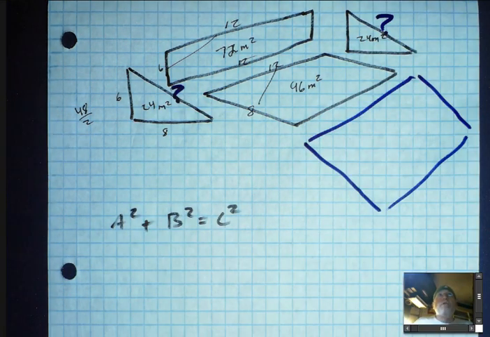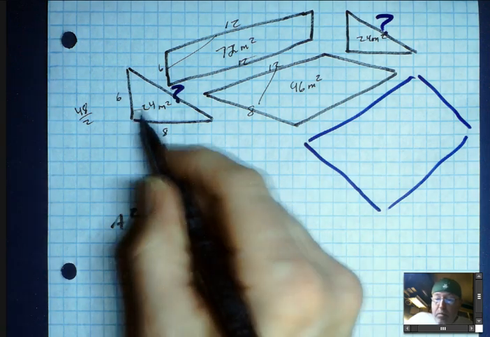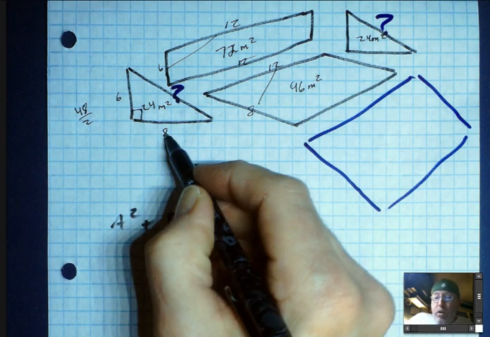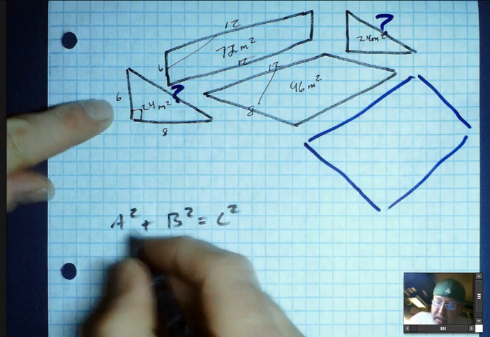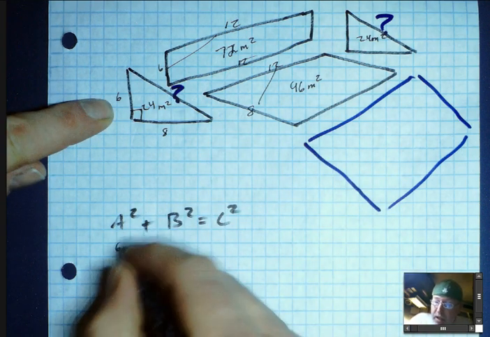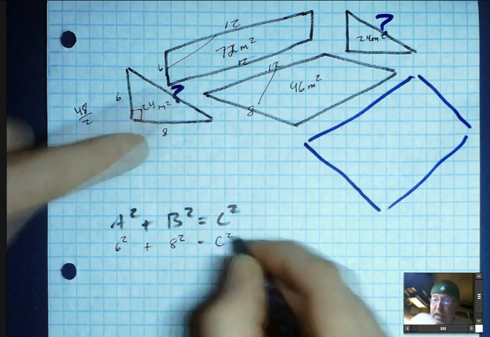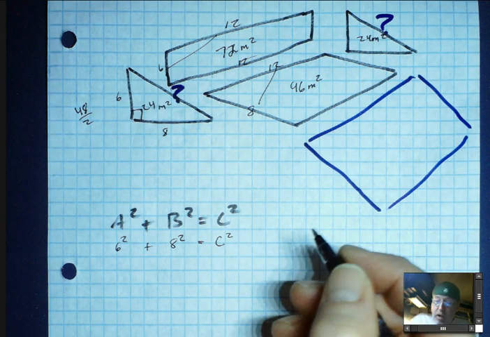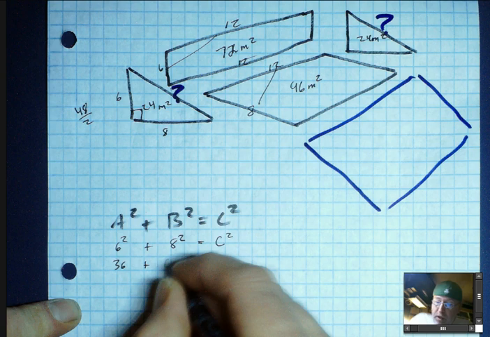Therefore, we have to use the Pythagorean theorem. It says that this side of a right triangle, plus this side of a right triangle, will equal that long side. They call it the hypotenuse. So let's put it in. 6 squared plus 8 squared is going to equal the unknown side squared. So 36 plus 64 equals c squared.